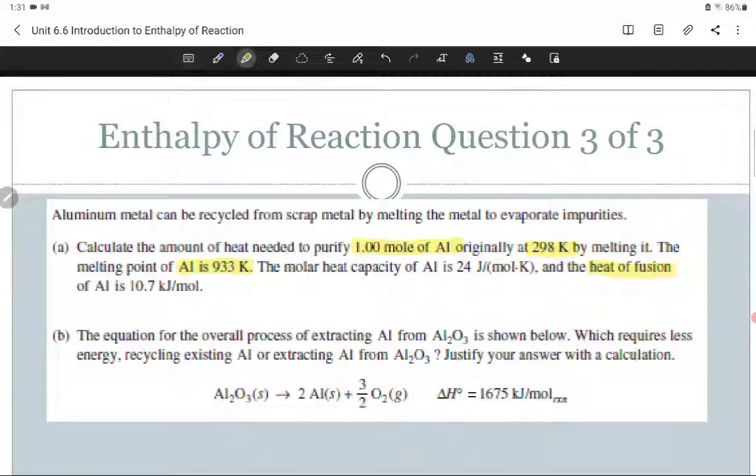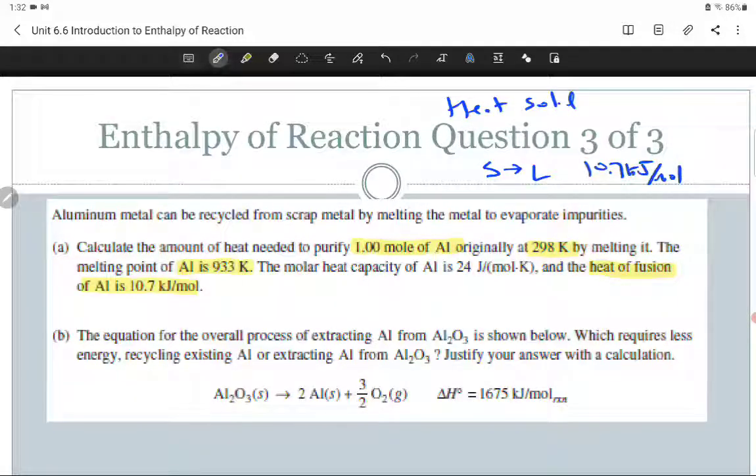Heat of fusion of aluminum is, so to melt the aluminum, to make it go from a solid to a liquid, we're going to have to use that 10.7 kilojoules per mole idea. And then we also have to heat the solid.